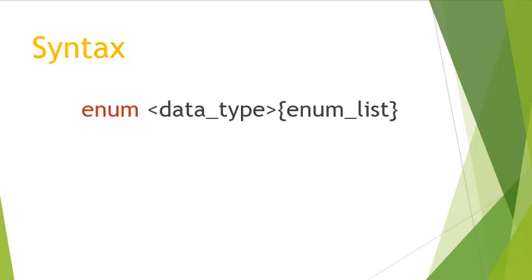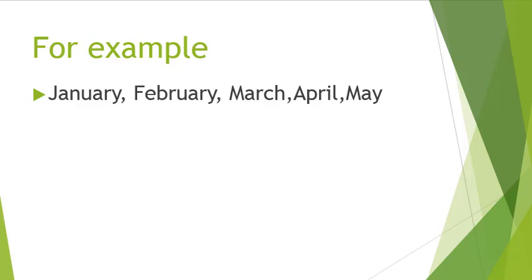This is the syntax of the enumerated data type. Here, in red font, enum is the keyword. Next, followed by the keyword, we declare the data type, and inside the curly braces we declare the content or variables. I have selected the first 6 months of a year.